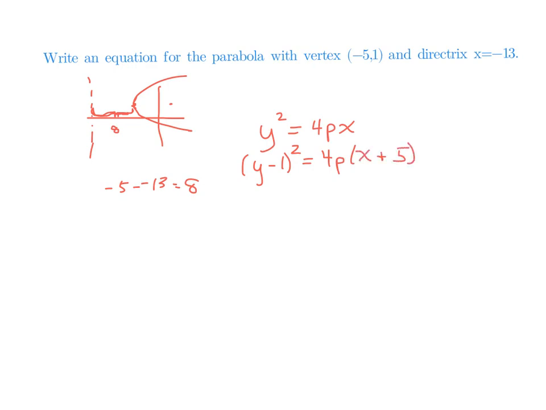And then our p is equal to 8, just because, remember, that's the distance between the vertex and the focus, so we've got the equation y minus 1 squared equals 32 times x plus 5.